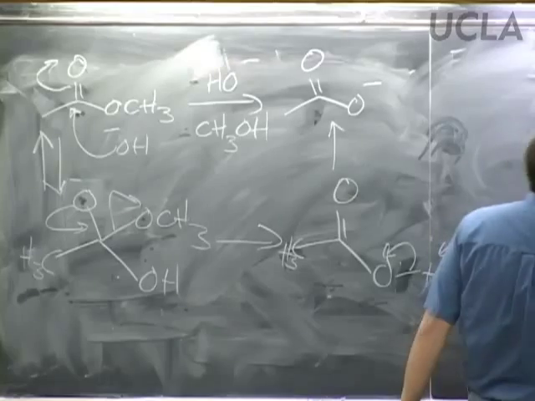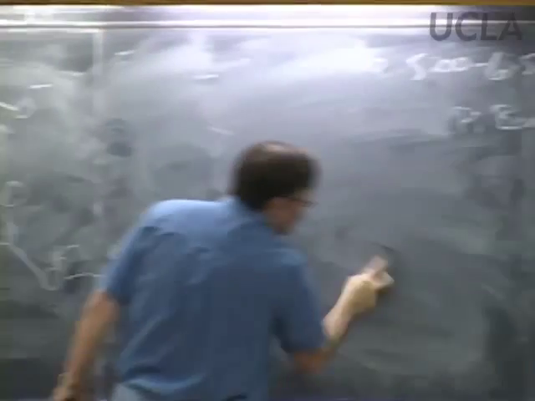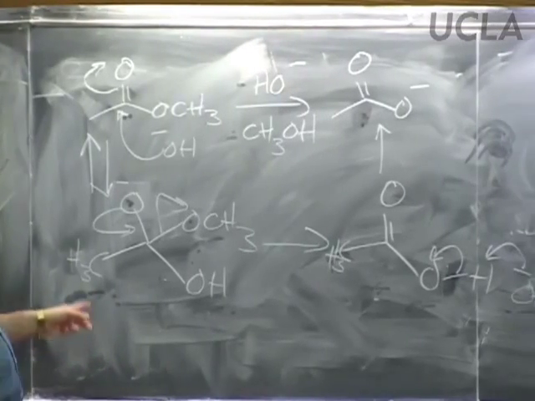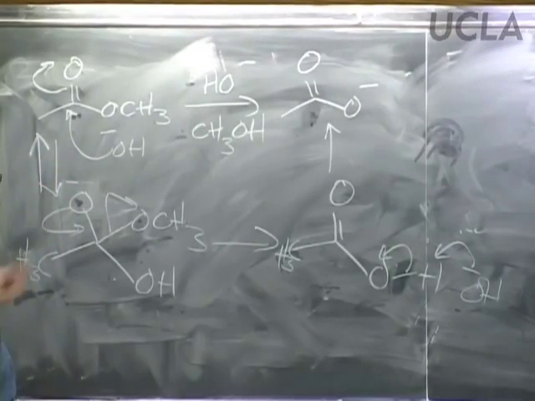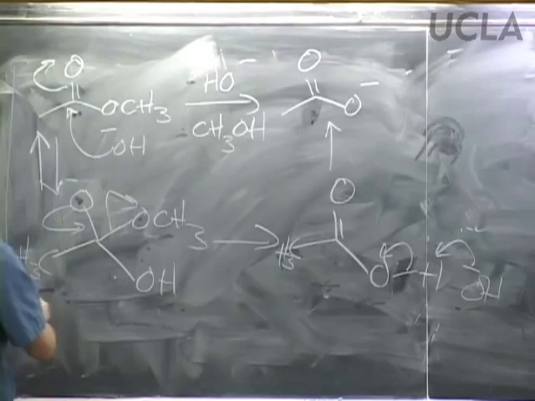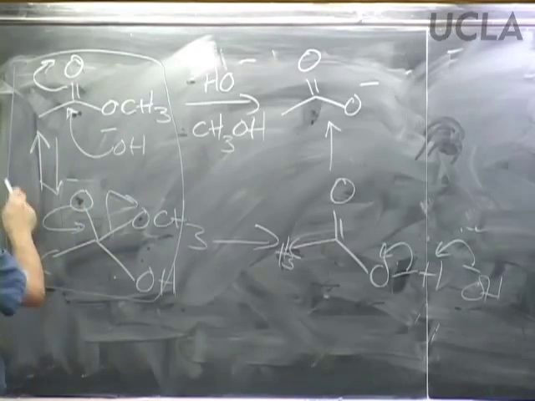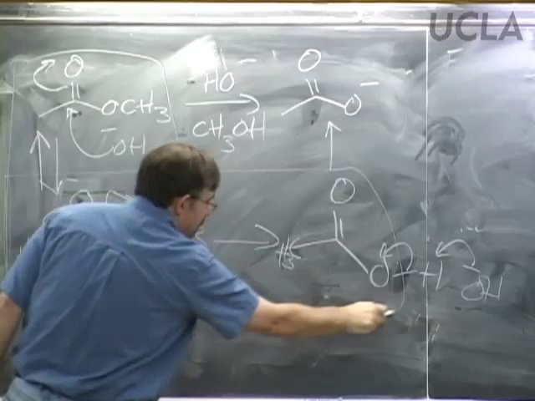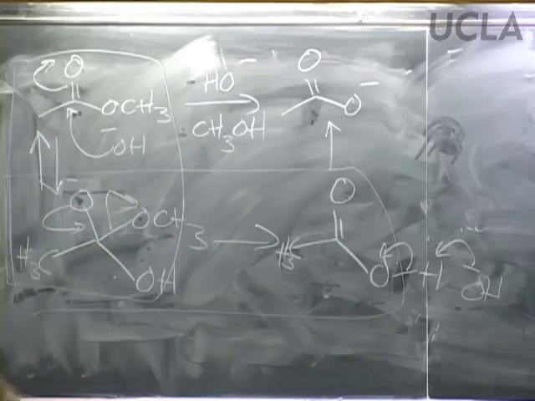Something related to part 2 of our question, which says, rewrite it to make it faster. Now, this is a carbonyl substitution mechanism, so we can target this step, or we can target this step in terms of making it faster, because neither one of those is rate determining. They both have a significant impact on the rate.